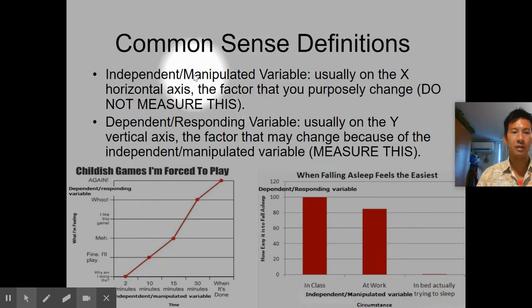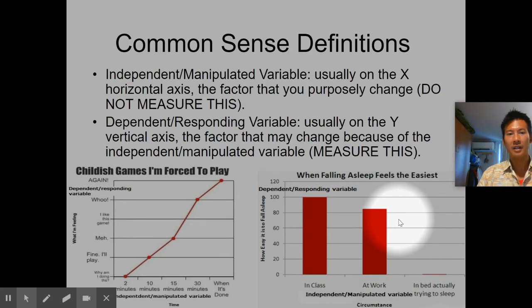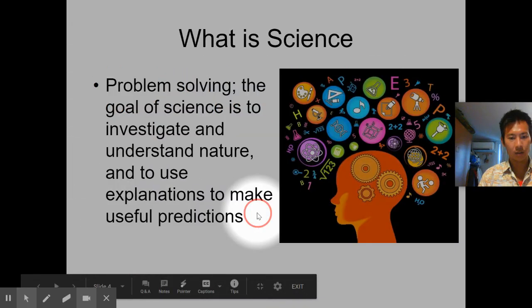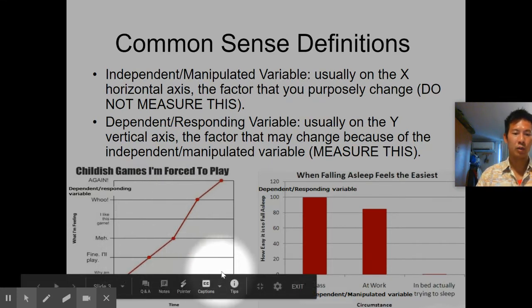That's why it's also called the manipulated variable. On this graph, you control where you take the data. So the independent variable will be in class, at work, in bed. Over here, the independent variable is the time it takes to take your recordings.